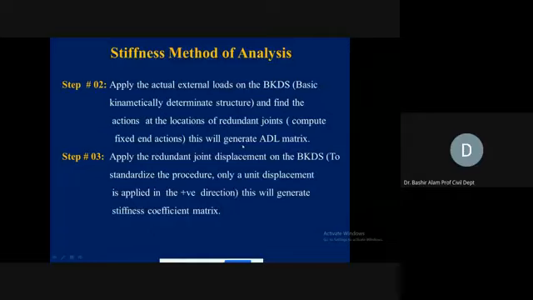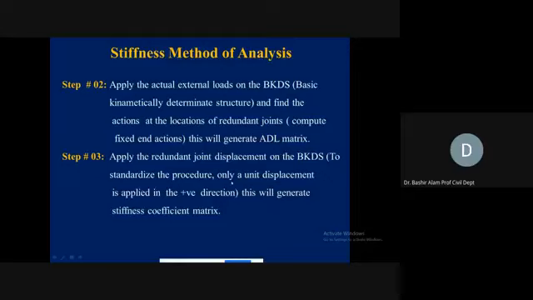Step number three: there we used to generate the flexibility coefficient matrix, and we did that by applying the unit action corresponding to the redundant action. Here, the stiffness coefficient matrix will be generated. How? We apply a unit displacement corresponding to the displaceable joint, the unknown displacement, on the basic kinematic determinate structure.